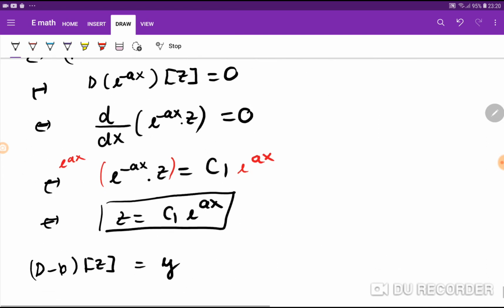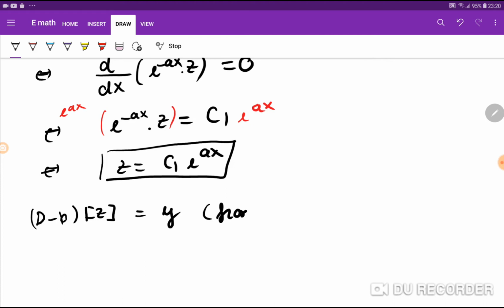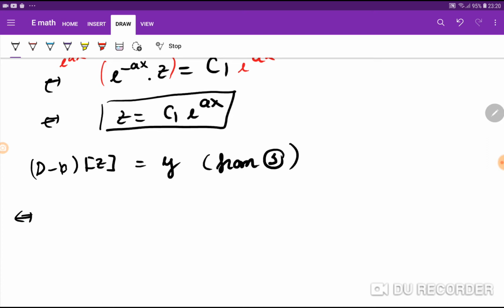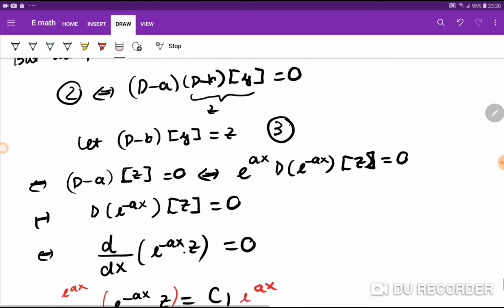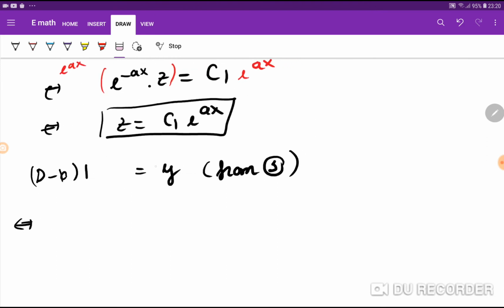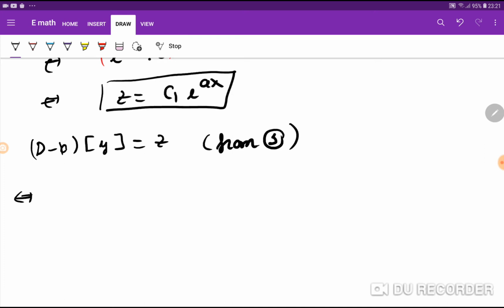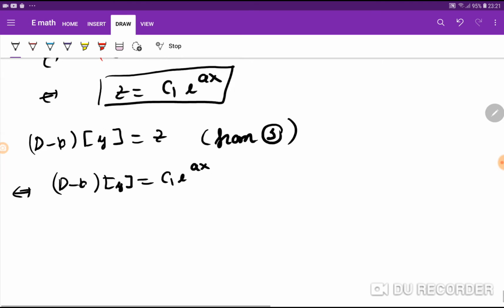Wait, one second. Oh, I flipped the variable. It's funny. This is the y and this is z. Okay, how do I solve this? Well, yeah, first, what's z? z is c1 e to the power ax, right?